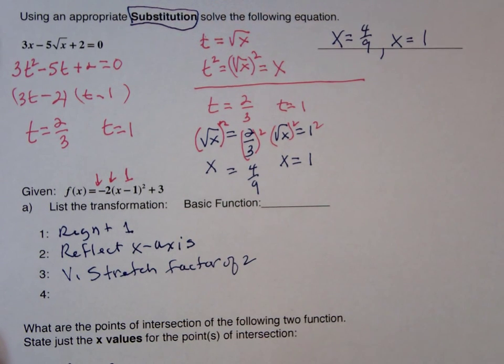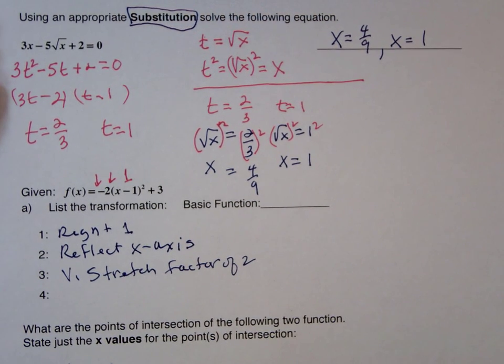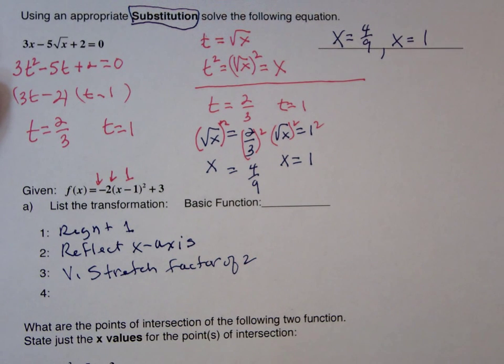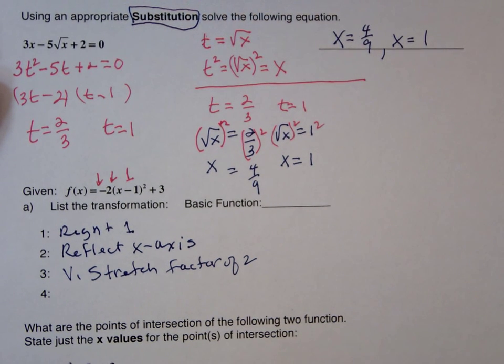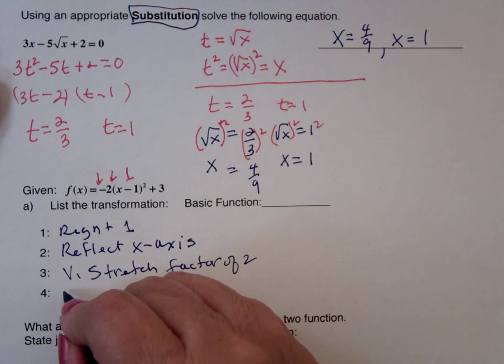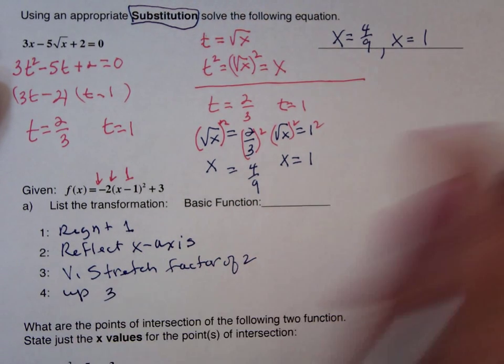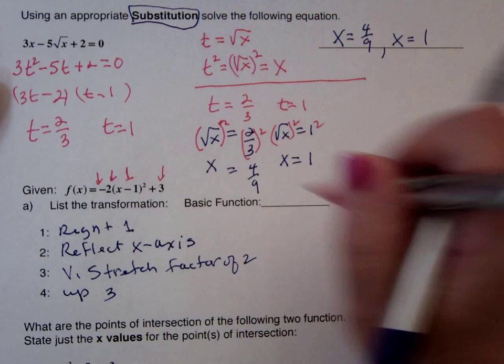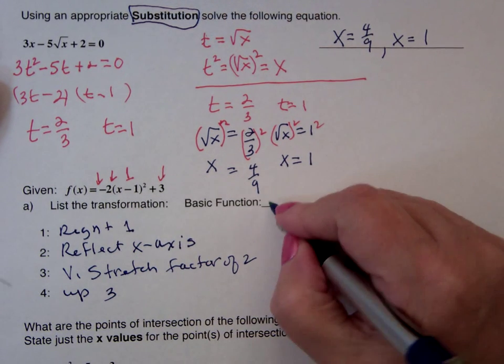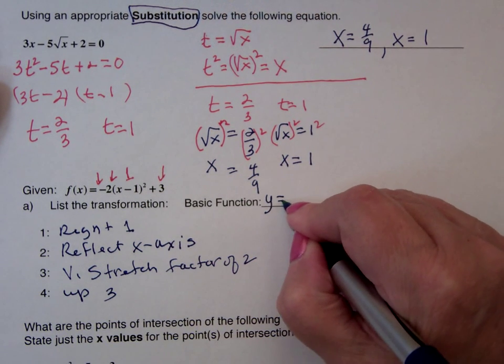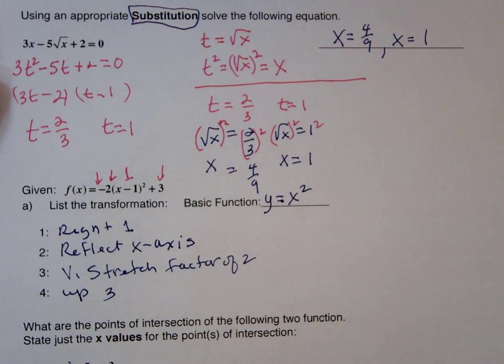Now, by the way, since we're not doing transformations directly, you don't have to put factor of 2, just put v stretch, that's sufficient. And then we have an up 3. And so that's what this guy does. The basic function is y equals x squared.